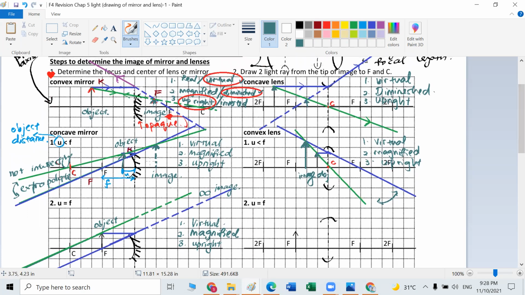Then you might ask, why is this one behind virtual, and this one in front virtual? I've told you, because this is opaque, it cannot form behind. So when it forms behind, it will be virtual. Then this is transparent. The image is supposed to form behind the lens, so since it's formed in front, it's virtual.